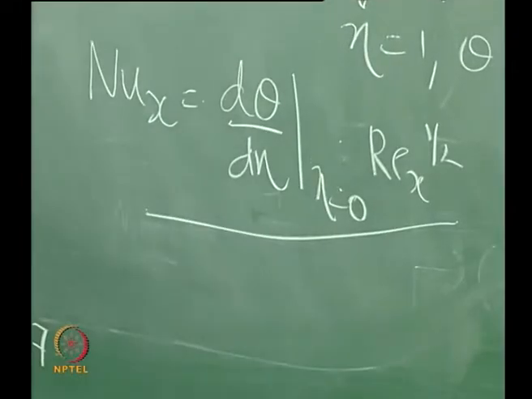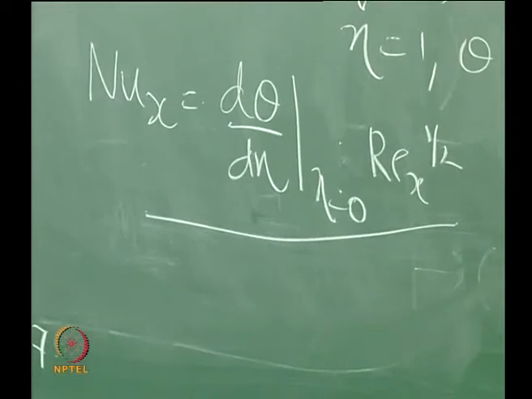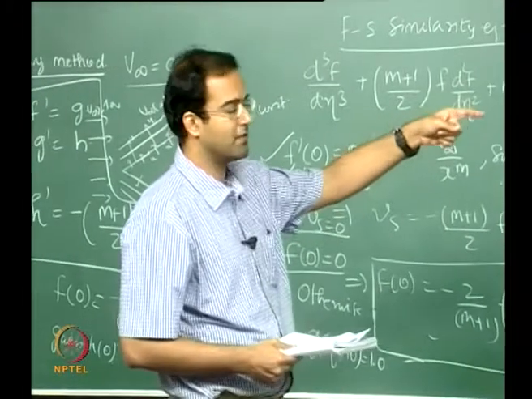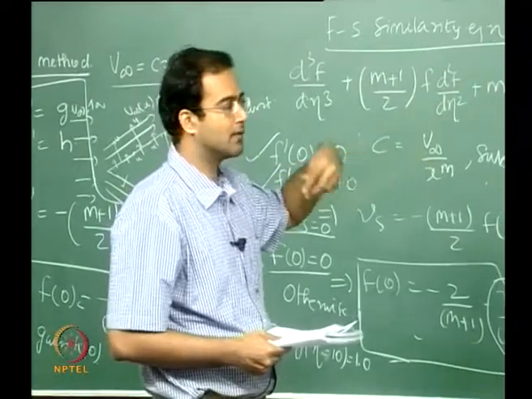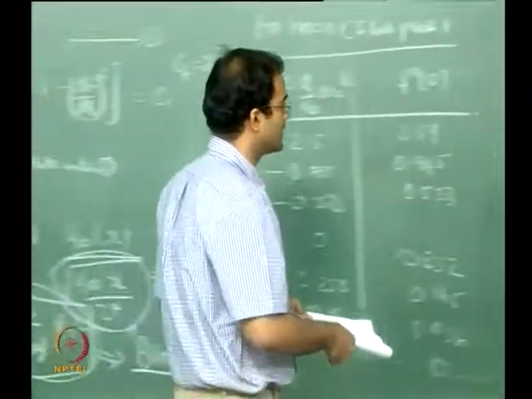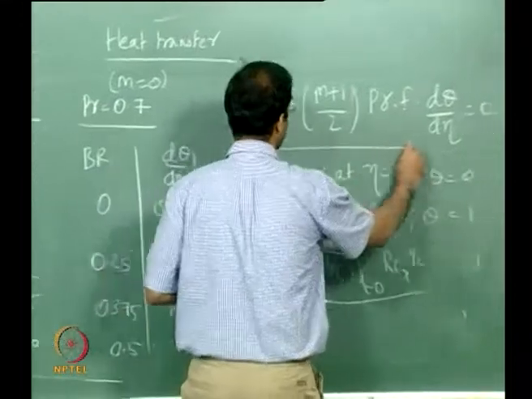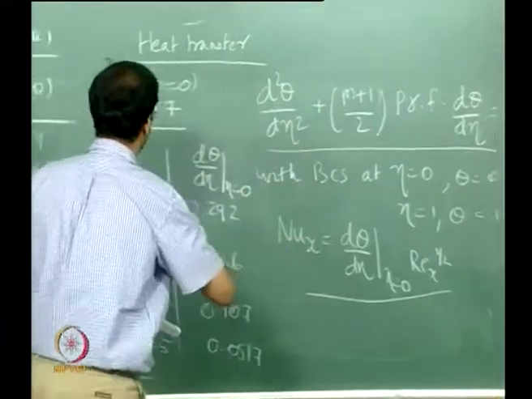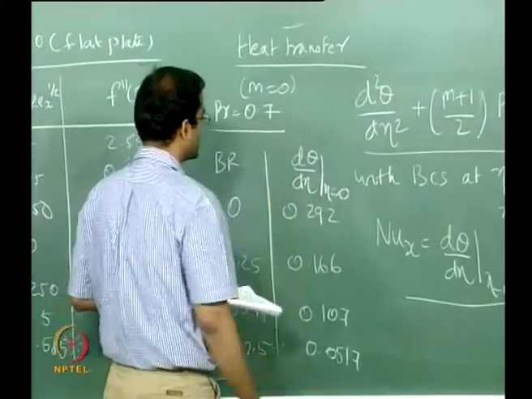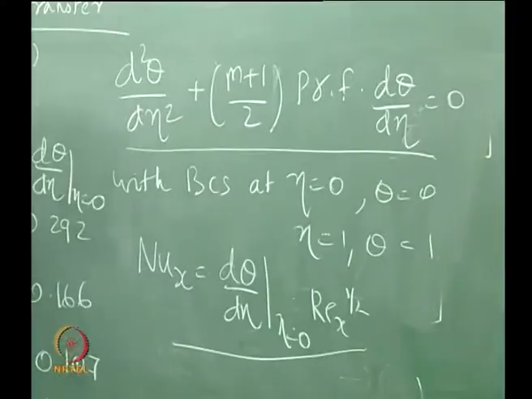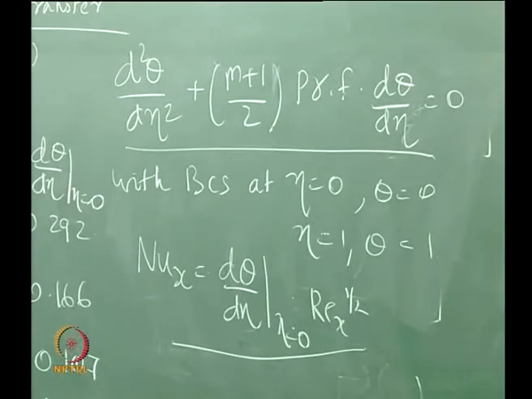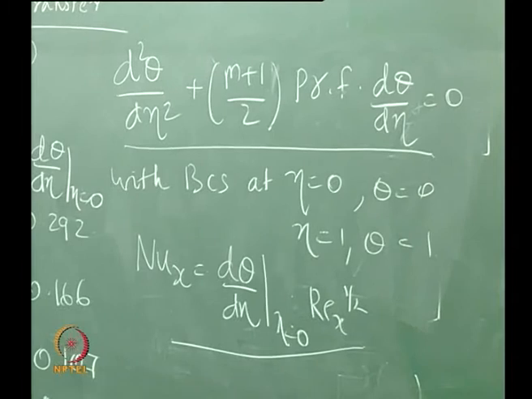Alright. So the same thing applies, only thing you have to use the value of blowing ratio, calculate different values of f, and therefore solve the equation again by shooting method, and from that you get your non-dimensional temperature gradient at the wall. Okay, the same procedure whatever you did earlier, same shooting technique applies.